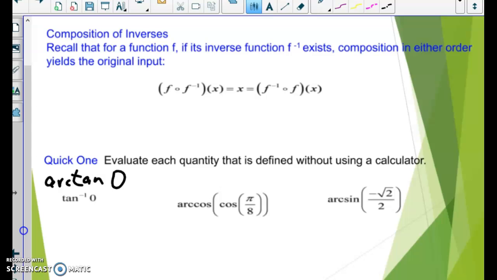The angle whose tangent is 0, if we go on our graph, remember, right there is where that happens. If I was going to do the original tangent, it would be right there. The angle whose tangent is 0 happens at 0.